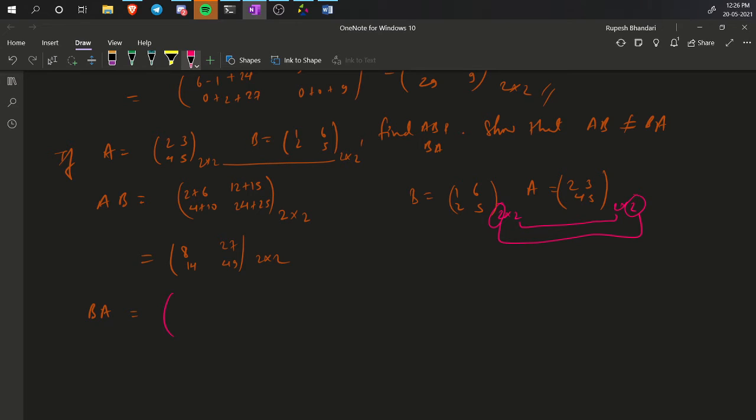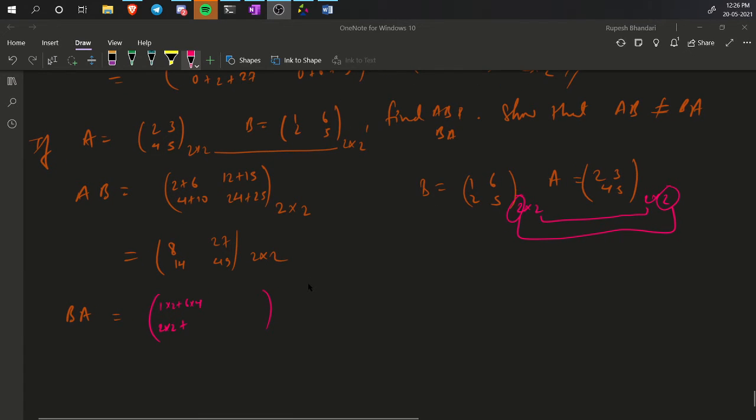So our new matrix will basically be 1 into 2 plus 6 into 4, then 2 into 2 plus 5 into 4, and then 1 into 3 plus 6 into 5, 2 into 3 plus 5 into 5.